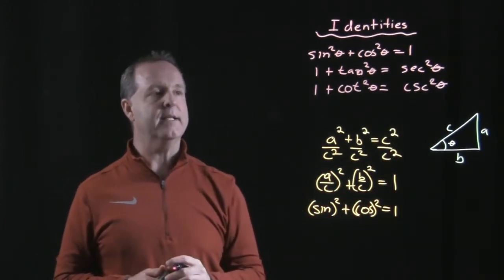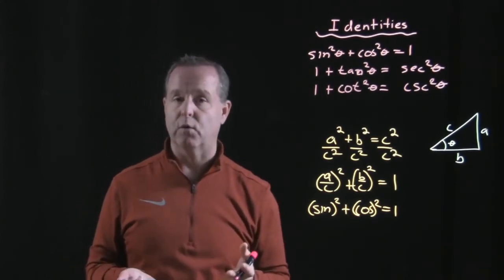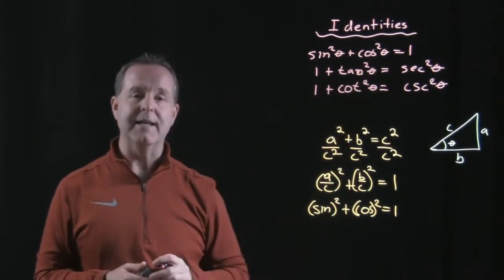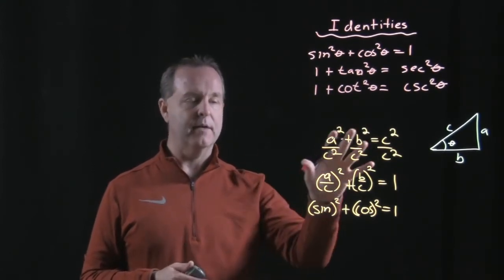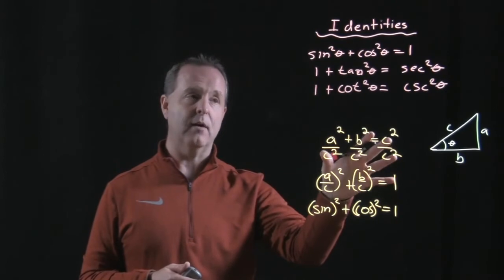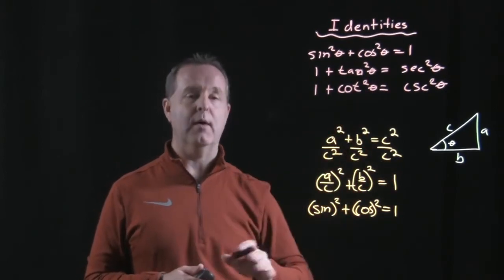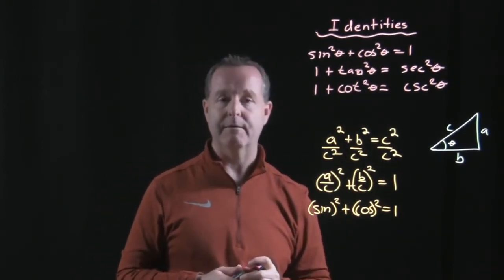So I have 3 more identities for us to be aware of, and these are called our Pythagorean identities. And all those are derived from our basic Pythagorean theorem, and then from there I'm able to derive one after another after another.